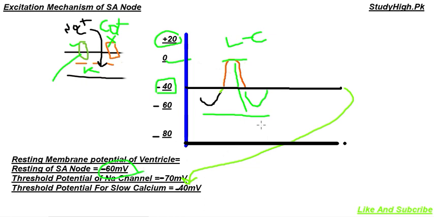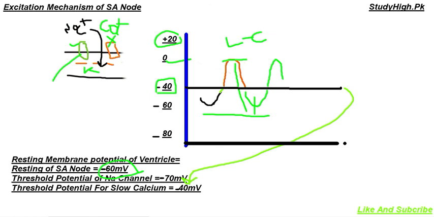And after restoration of this minus 60, again sodium and calcium will start accumulating inside and will cause the cell to reach the threshold potential for L-type calcium channels. Again there is an action potential, and then again the channels open, and the cycle continues.